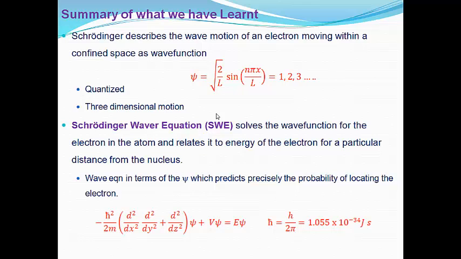a particle that is moving in a particular region of space, and that this wave function, which describes the motion of the particle, and in this case the electron, is quantized, and it is a three-dimensional property.